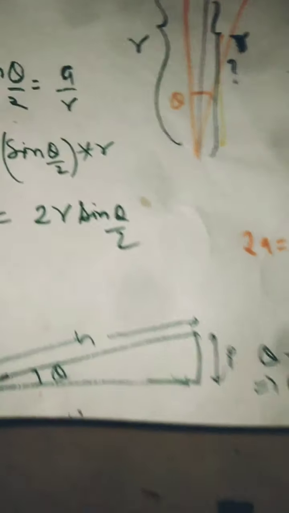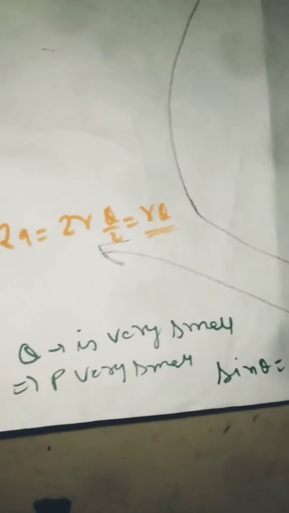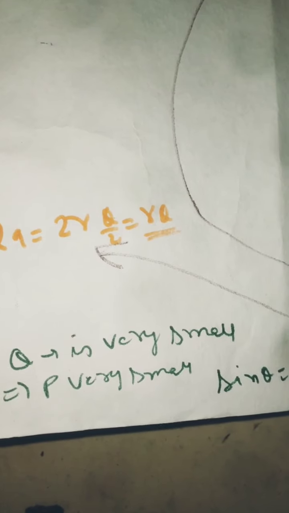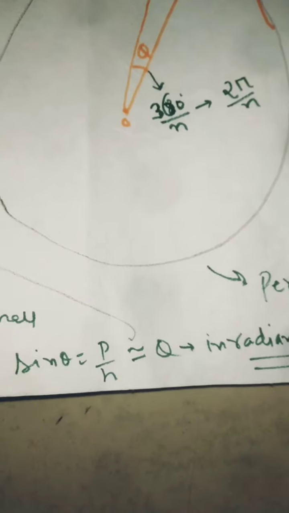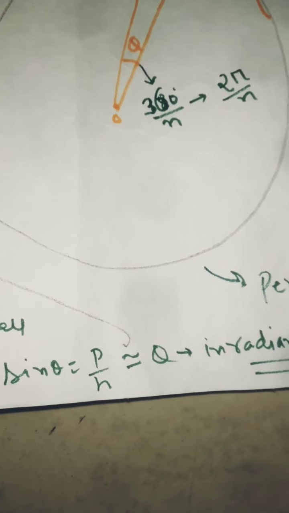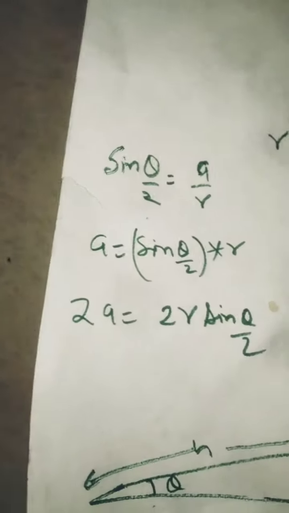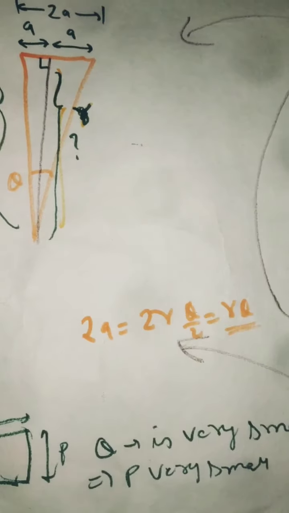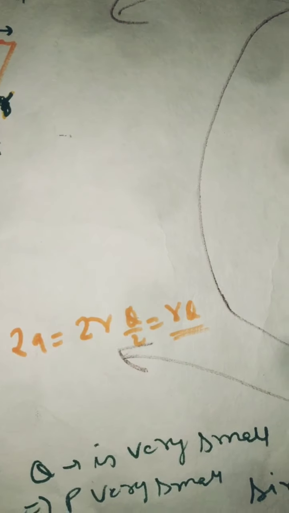Since my theta is so small, there is an approximation which we can make, which is that sin theta is approximately equal to theta. So here my 2A, which was 2R sin theta by 2, becomes 2R into theta by 2. That's going to be R theta, and my theta is 2 pi by n. Now the perimeter of the n-sided polygon is n times the side, and the side is 2A, which is n R theta.